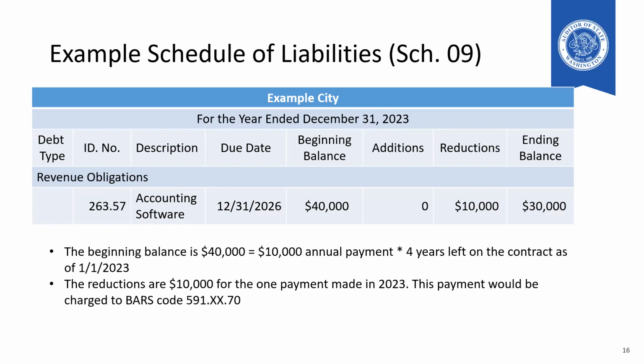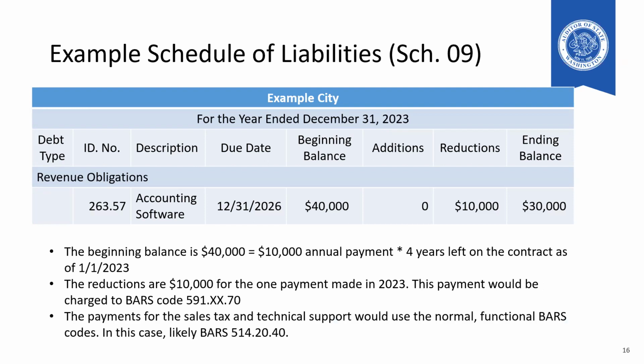Now our ending balance is $30,000, which is just our beginning balance of $40,000 minus the reductions of $10,000. Notice that we did not include sales tax or the technical support fee in any of those amounts.